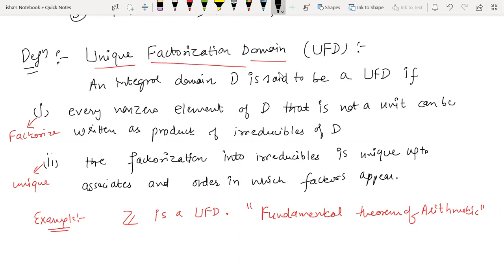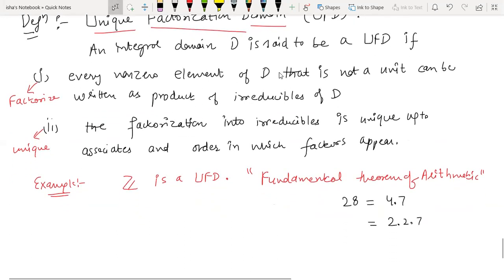In the ring of integers we have primes. Give me any integer, say I want to have the integer 28. So 28 can be written, firstly as whatever comes to my mind, 4 into 7, and then 4 further can be written as 2 into 2 into 7. This is a factorization as a product of primes.